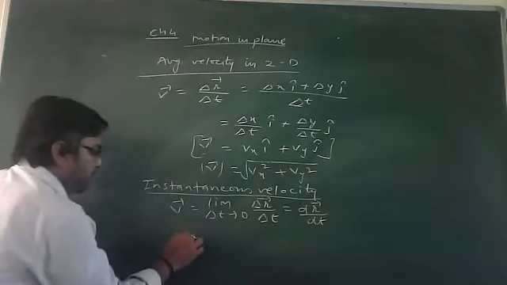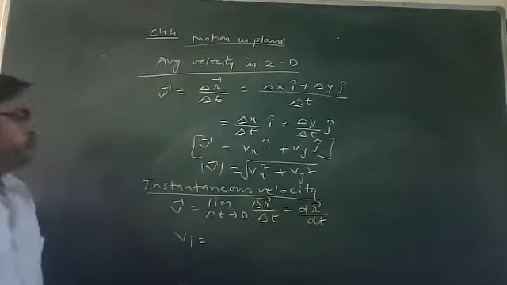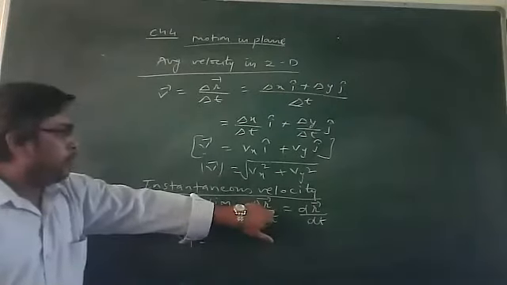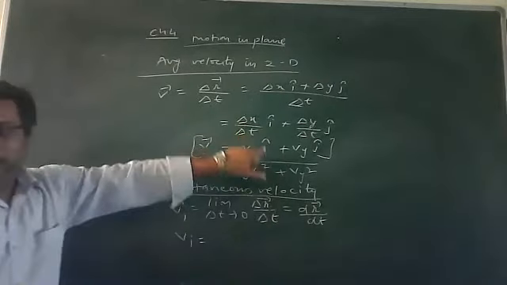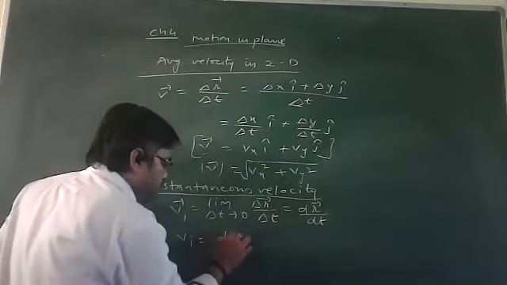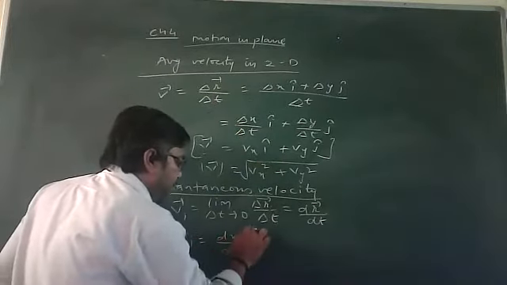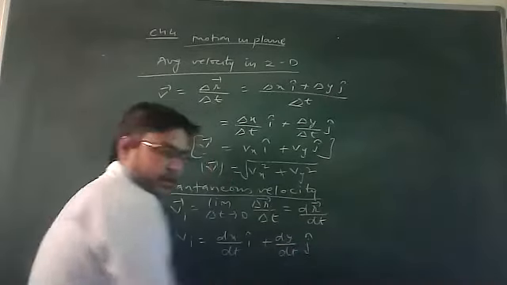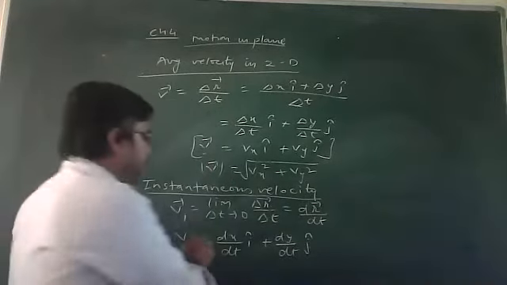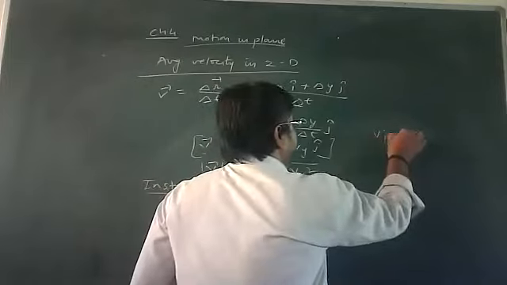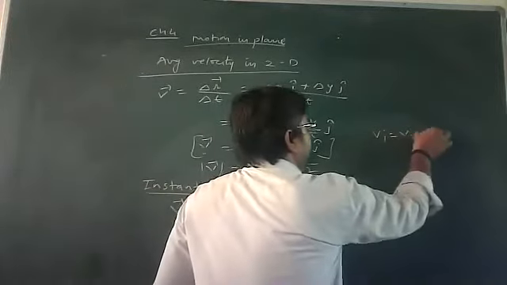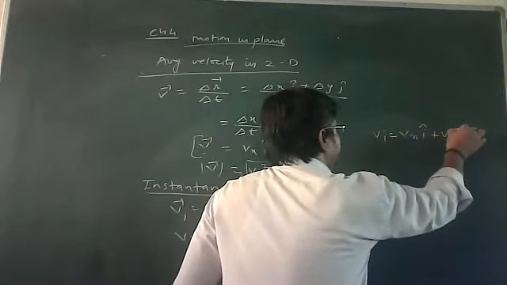That means for instantaneous velocity, if I am going for this format, I write both terms in this manner: v instantaneous is equal to dx by dt i cap plus dy by dt j cap. But at the last, if I write the final statement, then my instantaneous velocity is Vx i cap plus Vy j cap.